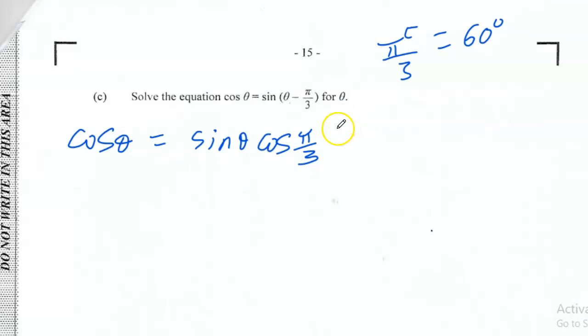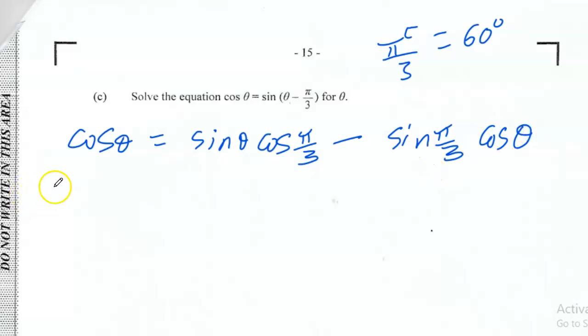So cos pi/3 is the same as cos 60 degrees, since most of you keep your calculator in degree mode. Minus, so we alternate now, sin pi/3 cos theta.